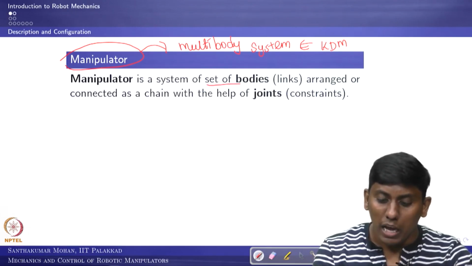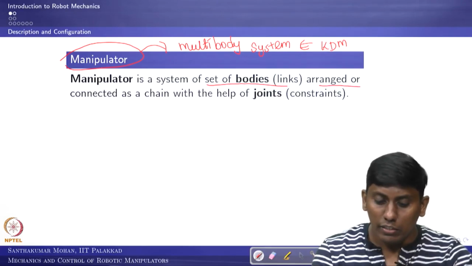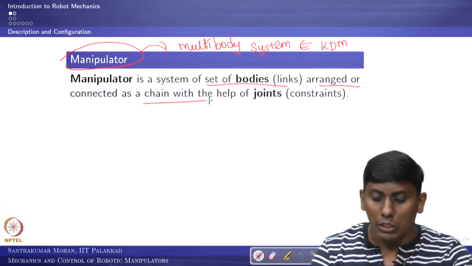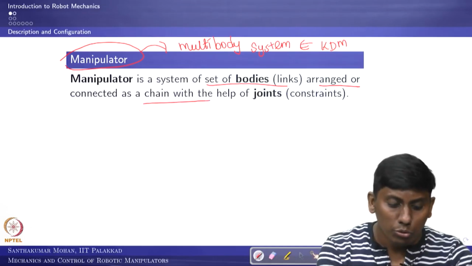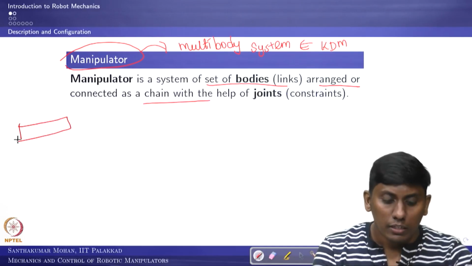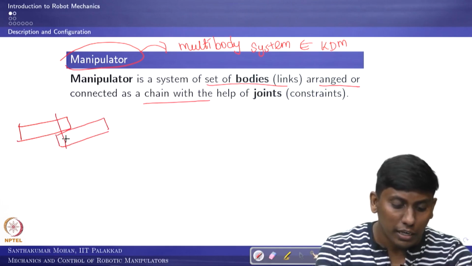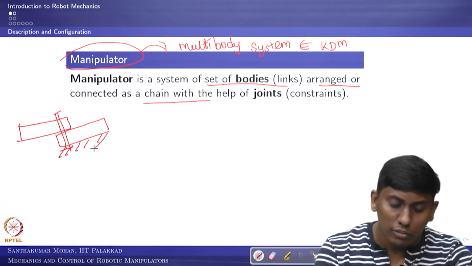It has a set of bodies arranged or connected as a chain with the help of joints, which we call constraints. For example, you take one body, and this body is connected with another body. Say you take this body and ground it with this pin.